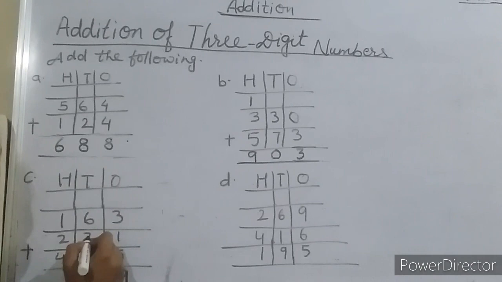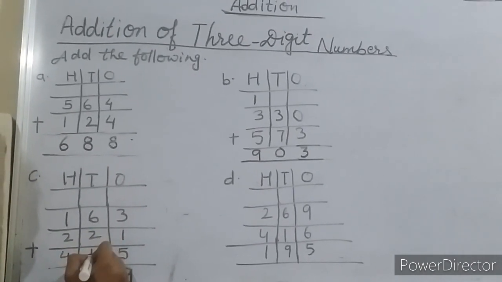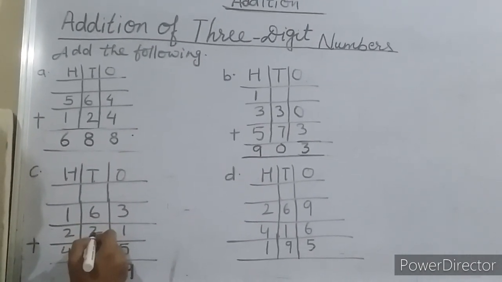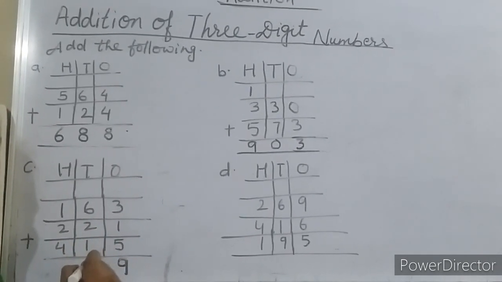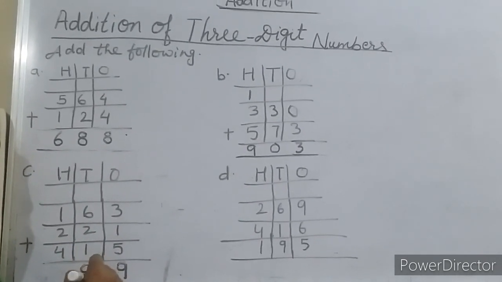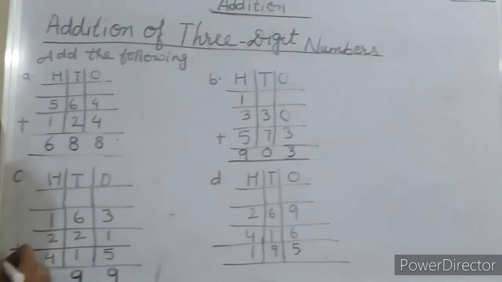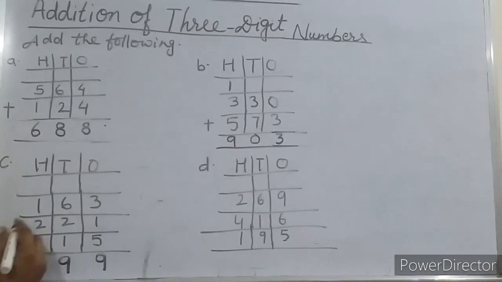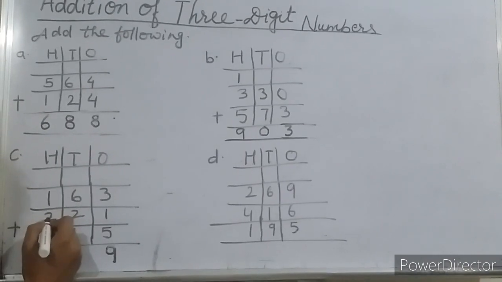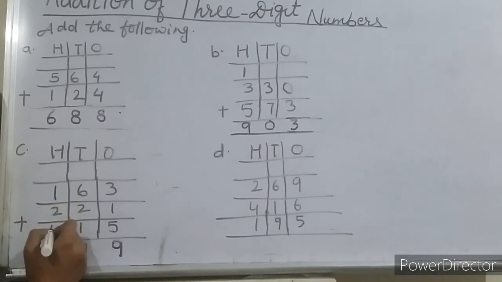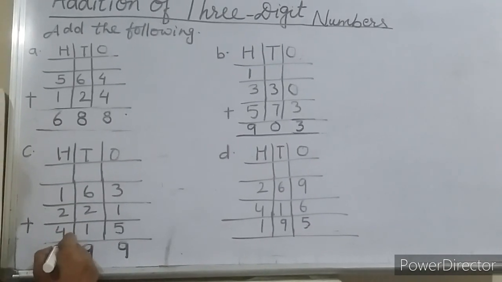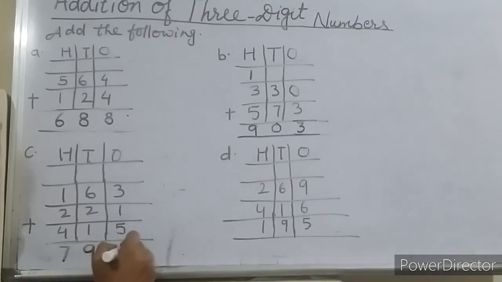See, 6 plus 2 plus 1. So 6 plus 2 is equal to 8. 8 plus 1 is equal to 9. So write 9 under the tens column. And now come to the 100 place. So see, 1 plus 2 plus 4. So 1 plus 2 is 3, 3 plus 4 is 7. So 799.